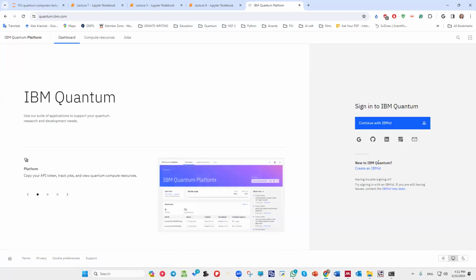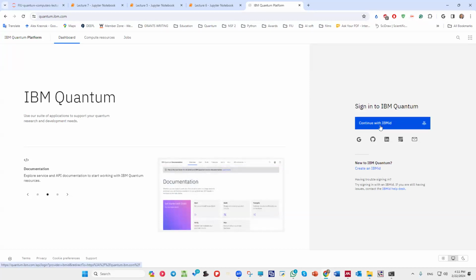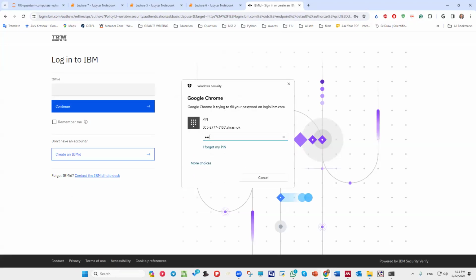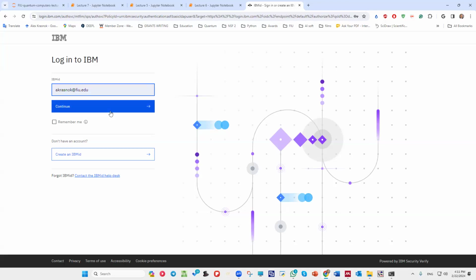So in order to create one, you just click here, create an IBM ID, right? I already have one. And having this IBM ID, I just log in to the system with my credentials.